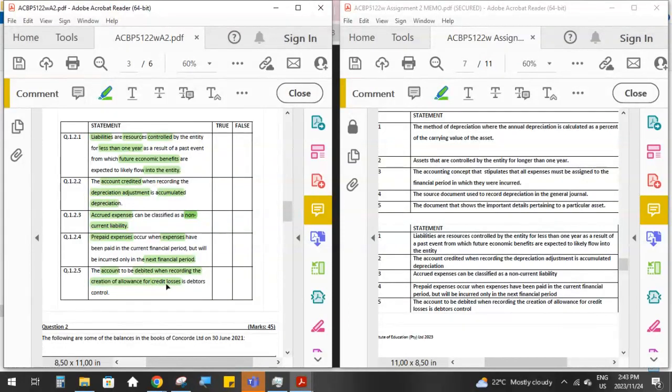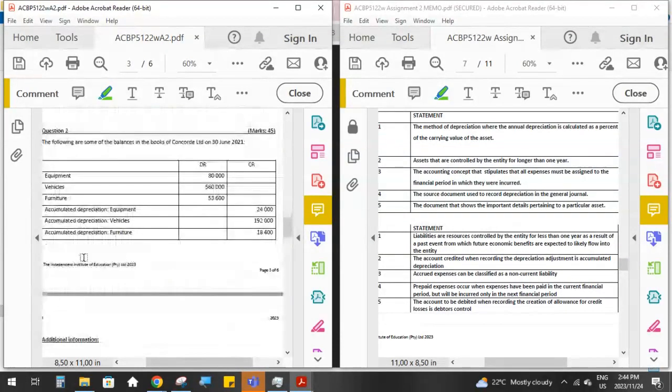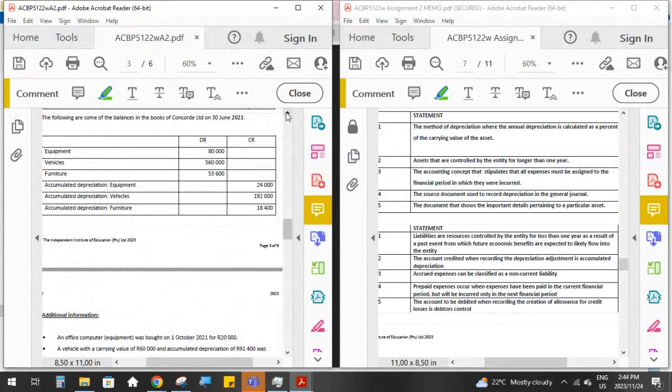This is an expense that we are recording when we do that. So we have to debit an expense account, and that will be called credit losses adjustment. And we will then credit the account called allowance for credit losses, which is again a negative asset. Okay, so hopefully you guys are okay with that one.